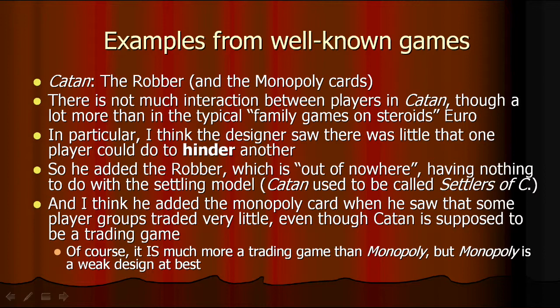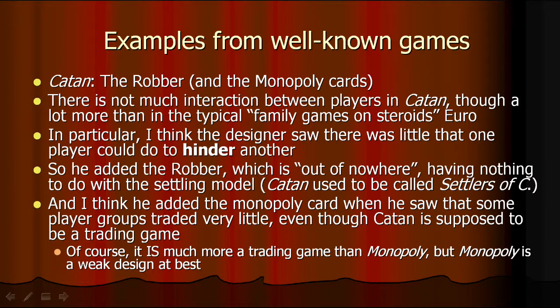Now some examples of kludges. Catan, which used to be known as Settlers of Catan. Both the robber and the monopoly cards. Now, keep in mind there's not a lot of interaction in Catan between the players except for the trading, and there's very little you can do to actually hinder another player.